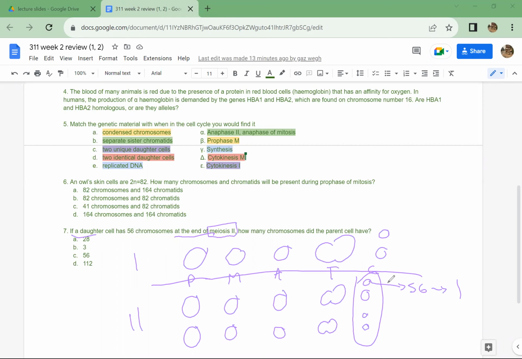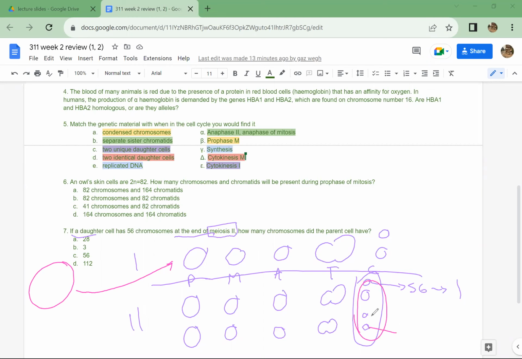So if we have 56 chromosomes here, how many chromosomes did the parent cell have? Obviously we had our former parent cell, our germ cell, and then certain chemical pathways engendered it to begin the process of meiosis, to start producing these gametes.